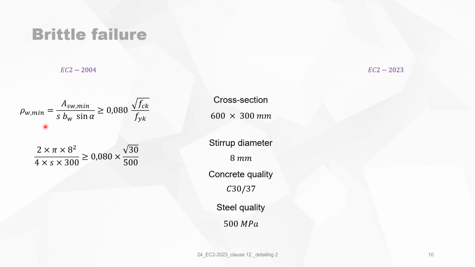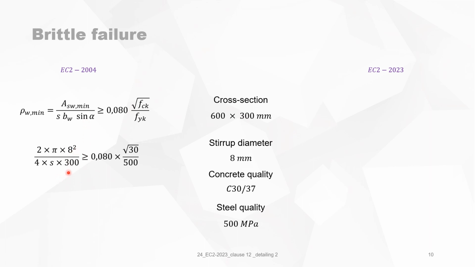So we will use this formula for the stirrup density. You see, we have chosen here 2 legs. The cross section with diameter 8 is π·8² over 4, divided by the distance between 2 stirrups and divided by the width.